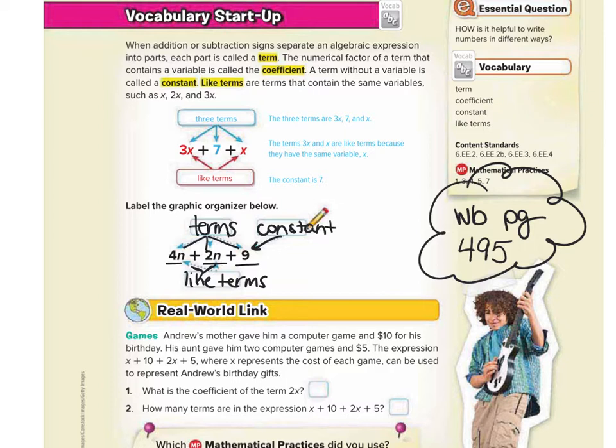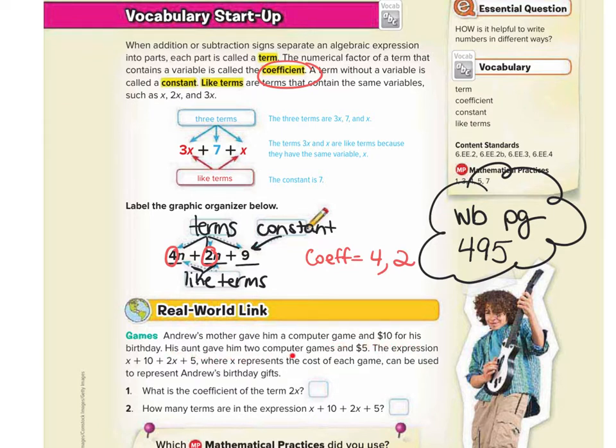We also learned coefficients. A coefficient is a number in front of a variable. So 4 is a coefficient because it's in front of a variable, and 2 is a coefficient because it's in front of a variable. Down at the bottom it says, Andrew's mother gave him a computer game and $10 for his birthday.